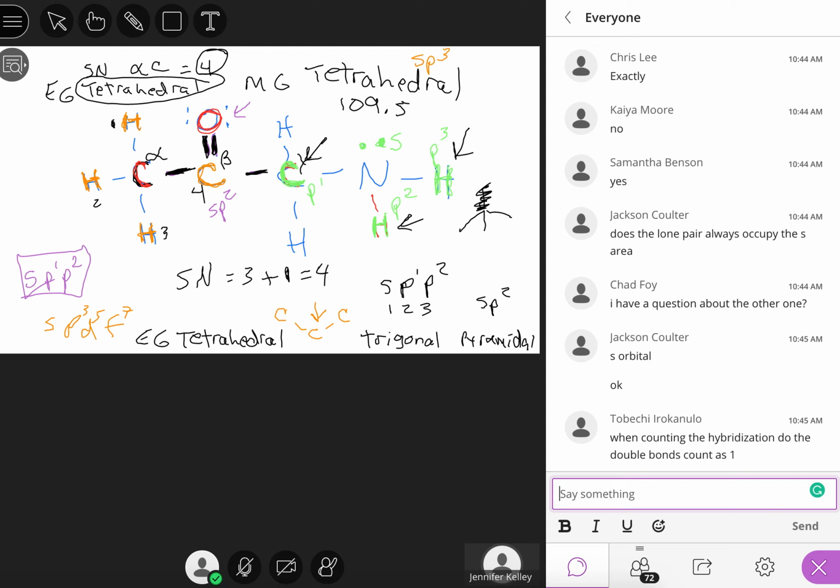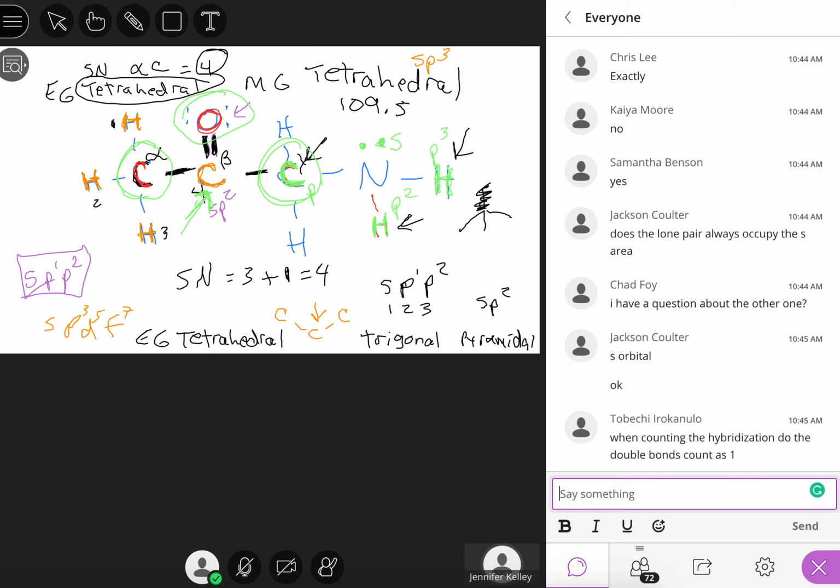Okay, all right. So with that, we're counting this carbon here, the oxygen, and then this carbon. And we're looking directly at this carbon to see whether or not it has a lone pair. So that carbon has no lone pair. So that's why we say it has 3 bonds, or 3 things bonded to it, and no lone pairs. And that's why it makes it trigonal planar.